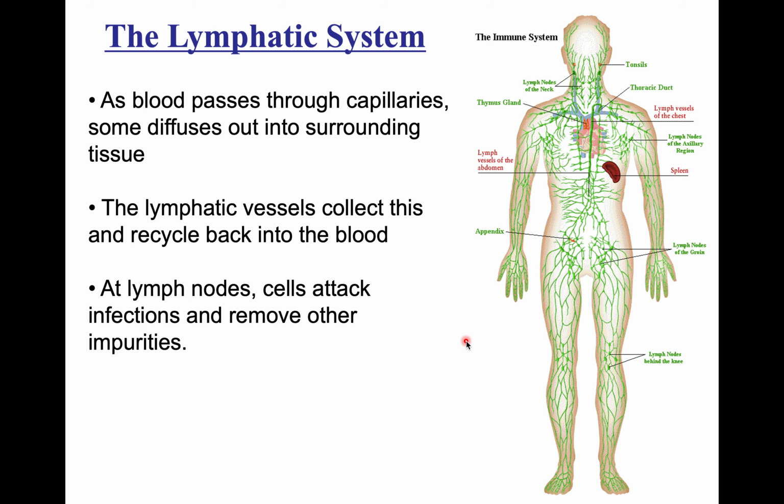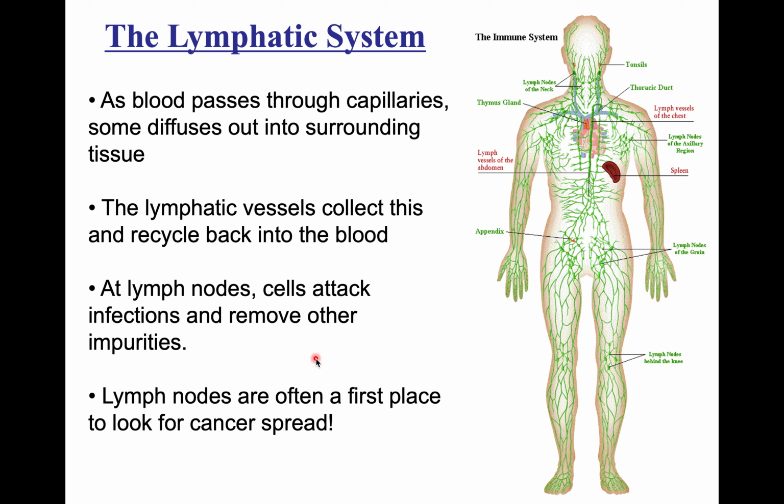And so, you may be familiar with the idea that a lot of times cancer cells will actually collect at lymph nodes, and typically, if you're having a surgery to have a tumor removed, the surgeons are going to try to biopsy, maybe even remove lymph nodes in the area of that primary tumor to see if there's any evidence of cancer cells having spread to those nearby lymph nodes, because they will almost always be collected and concentrated at those nodes.